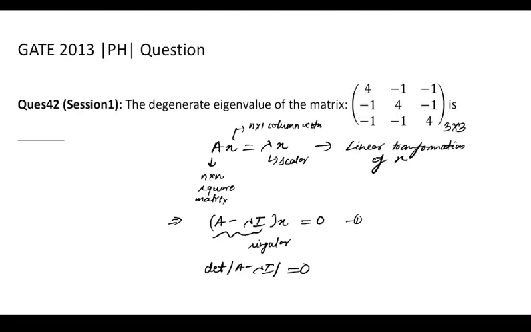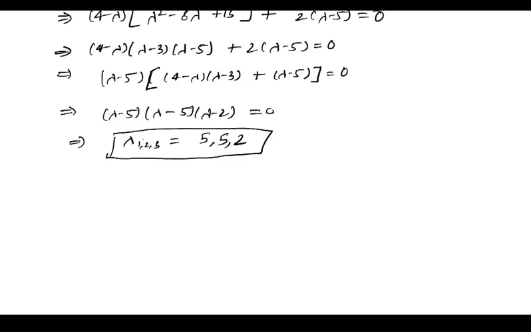The degenerate eigenvalue is 5, because it is repeated: corresponding to each eigenvalue we have an eigenvector, so two of the eigenvectors have the same eigenvalue. So 5 is the degenerate eigenvalue. This is the answer which you have to write here.